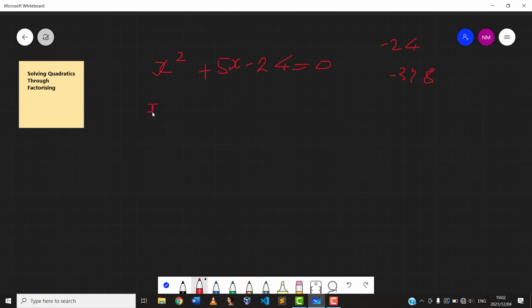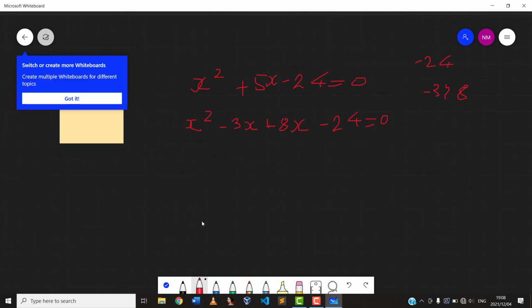Now we just reformat it, and then you can factor it out. The highest common factor between x squared and minus 3x is x, so x minus 3. And then 8x minus 24, that should be 8, because 8 goes into minus 24 3 times.